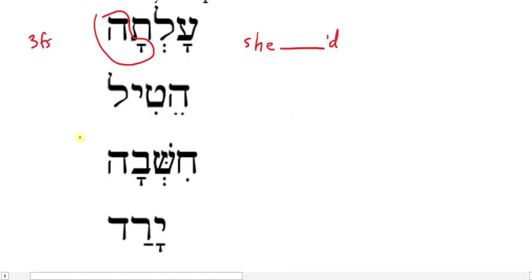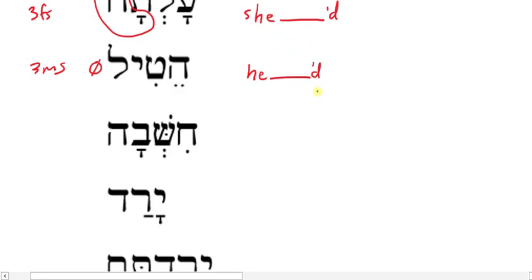What's my personal ending on the second one? Well, the personal ending is zero, which means it's which person, gender, number? Yep, 3MS. So how would I translate this? He blanked, right? Good. Next one. What's my personal ending?